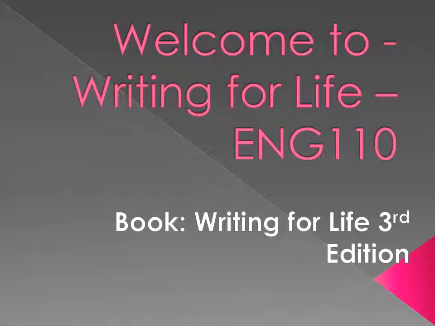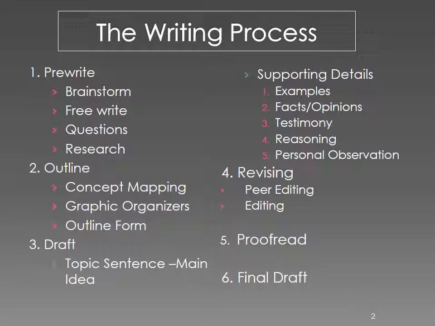We're going to start with chapter 1, and in this slide will give us a snapshot version of the entire program and the entire course. So we're going to start out with pre-writing, working with brainstorming and free writing, and then developing questions from the brainstorms and the free write, and then from there, research.